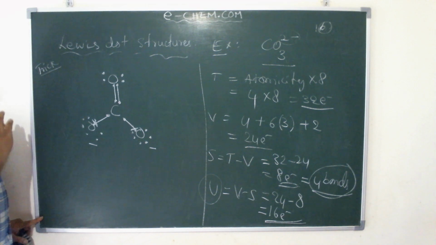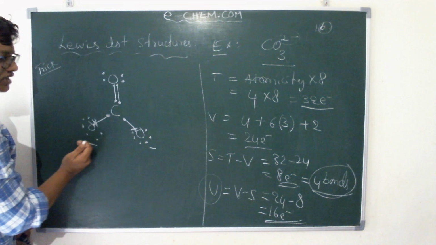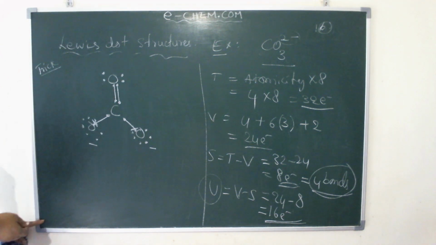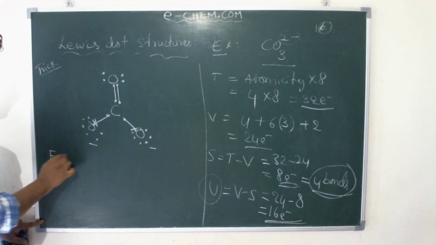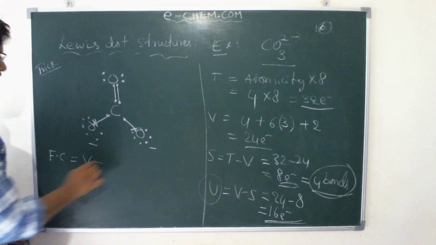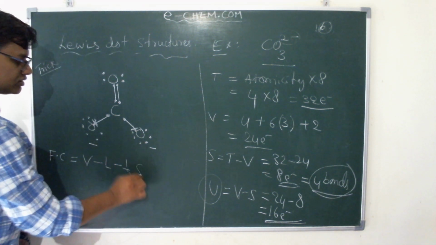So that this oxygen also carries a negative charge. If at all you want to find out the formal charge for this, you will get a negative charge for these 2 oxygen atoms only. Let's see how we can find out the formal charge. To calculate formal charge, we have one formula: valence electrons minus lone pair of electrons minus 1 by 2 shared electrons.